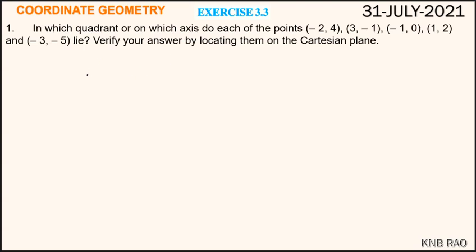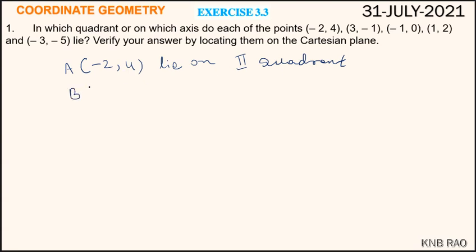Children, to answer this without plotting, take -2, 4, let's say it's a point A. Since it is negative, positive, it lies in the second quadrant. Because of the nature of the points, that is negative, positive, we could say that this point lies in the second quadrant.